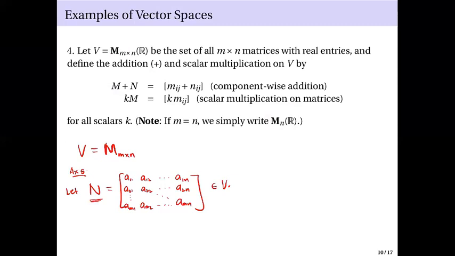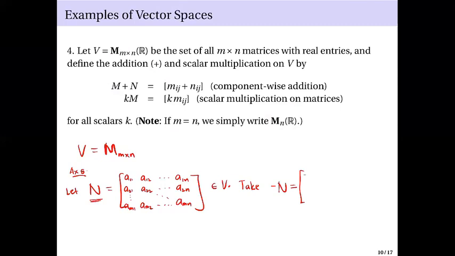Obviously, we will take negative n to be the matrix whose entries are just the negatives of the entries in n.